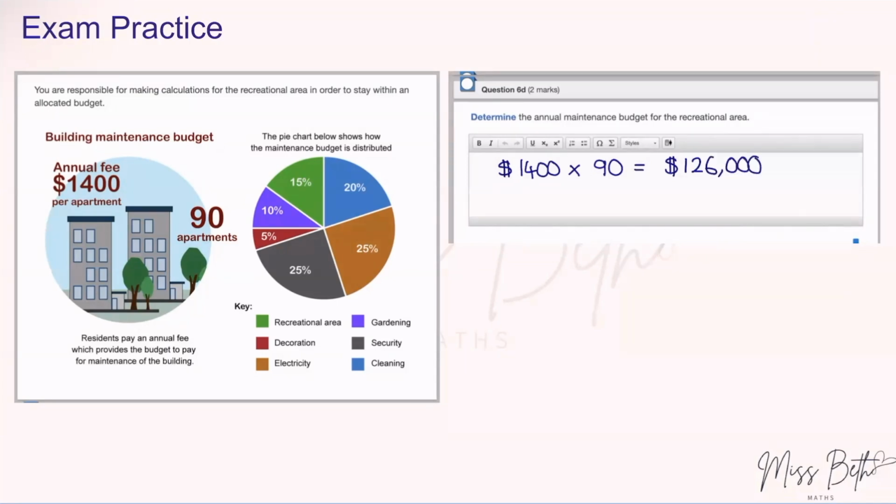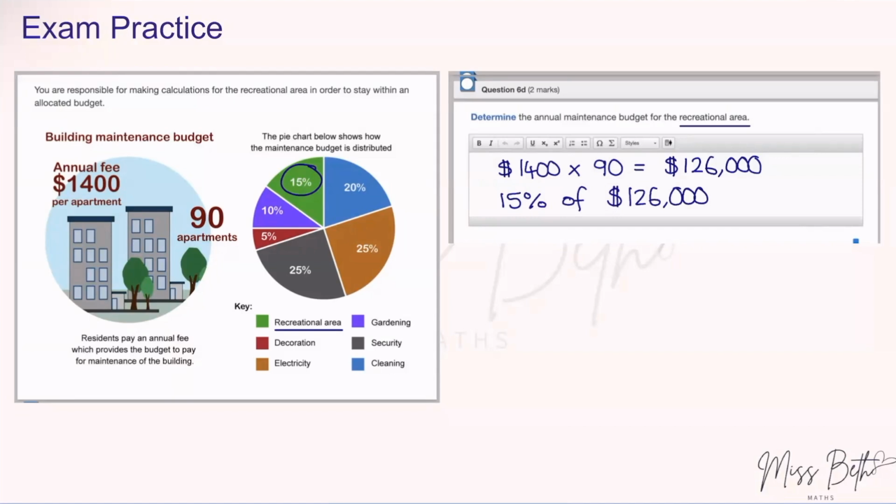$126,000. Okay, we then want to determine the budget for the recreational area. So you need to pick out the recreational area from this pie chart and what that represents. Okay, so that's 15% of the budget. We need to find 15% of $126,000.